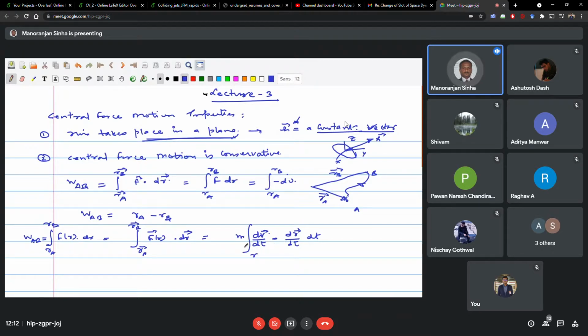So we have converted this in terms of velocity. At RA the velocity will be VA, so this will be written in terms of VA and VB.